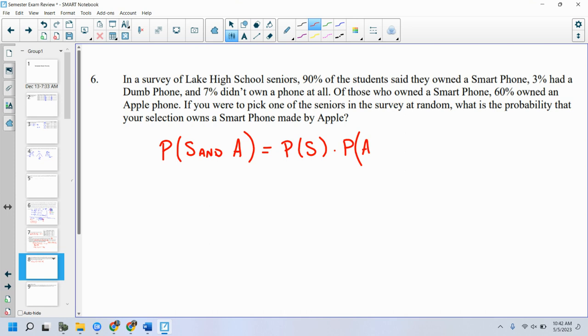So it's the probability of S times the probability of A given S. Do I have all of those things? What's the probability of a smartphone? What's the probability of an Apple given that it was a smartphone? Of those students who owned a smartphone, 60% own Apple. So 0.54 is the probability that your selection owns a smartphone made by Apple.